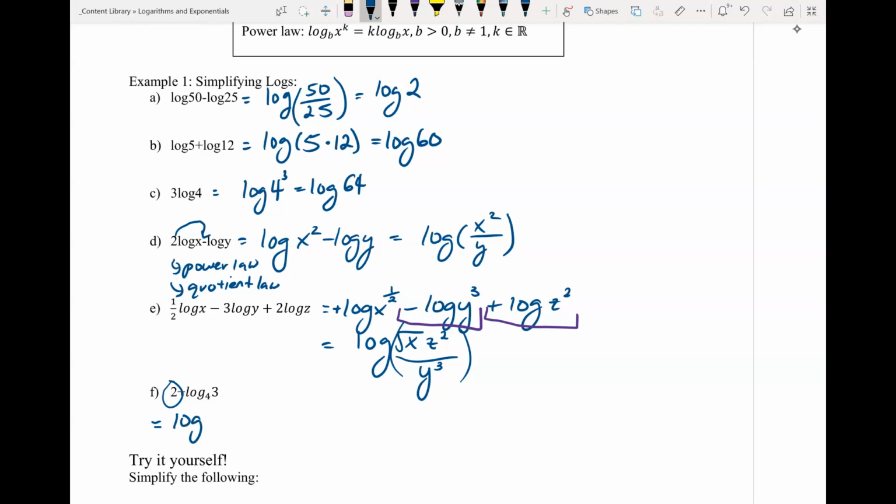Well, if I want to do that, remember from the last lesson how we're going to read this out is 4 to the power of what gives us 2. Or in other words, 4 to the power of 2, because that was our answer here. And then we can simplify this and solve for what that would be. So in other words, we have log base 4 of 16 plus log base 4 of 3.